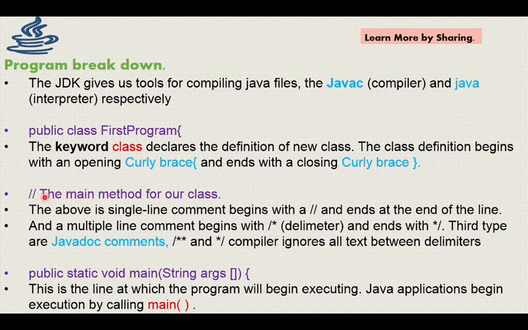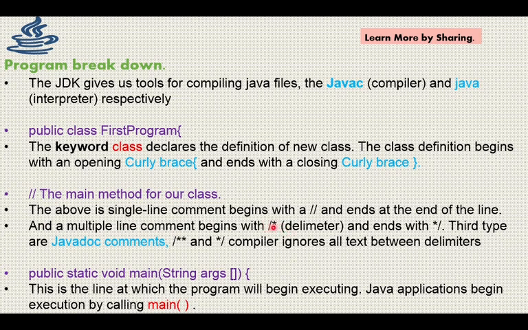So it's saying that the main method for our class, it's telling you that the code below is the main method. Okay, so the above is a single line comment beginning with a double forward slash and ending with the text that you want to put there. The second is we also have a multiple line comment that begins with a single forward slash and asterisk.